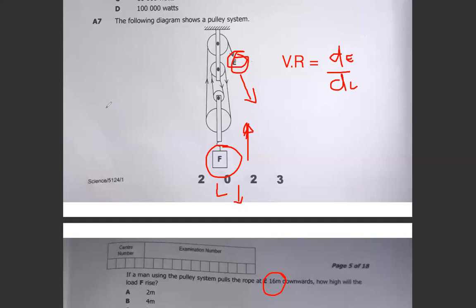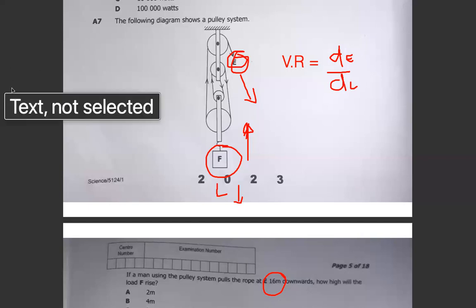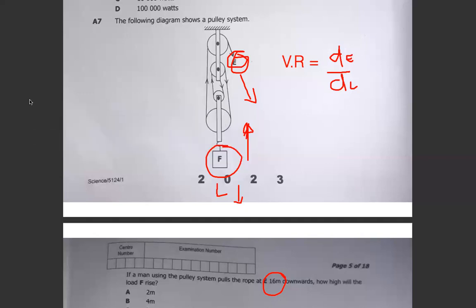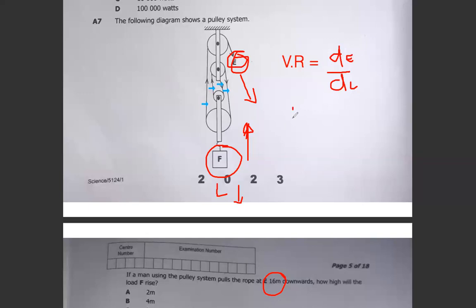But from a pulley system, we can find the velocity ratio by just counting the number of ropes. So let's count them. We have 1, 2, 3, as well as 4 that are connected to the wheels. So our velocity ratio here is 4.